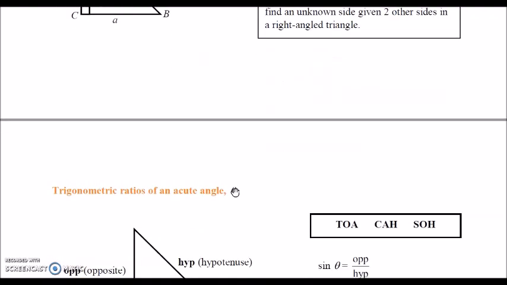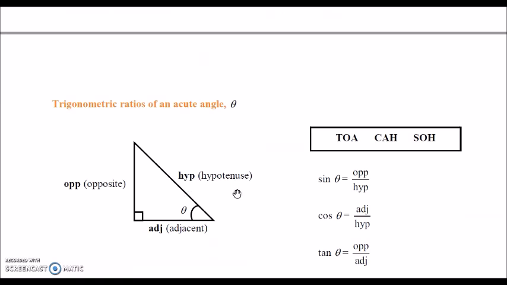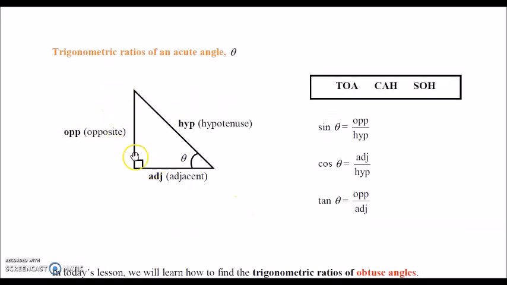So let us do a quick recall on trigonometric ratios of an acute angle. Let's say I have this right angled triangle over here. In a right angled triangle with respect to an angle theta, we must be able to identify my opposite, my adjacent, and my hypotenuse.